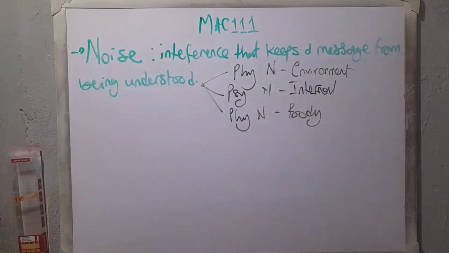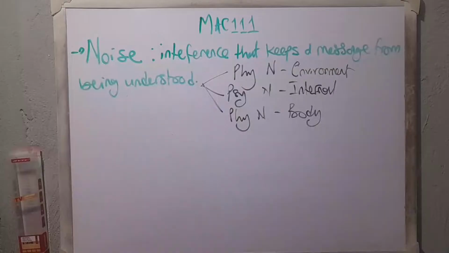And the linguistic noise comes from the inability to use the language. In communication, you need to use the appropriate symbol, the appropriate mode of communication. We are simply saying that everything you are using, from spoken words to symbols, must not be above the level of the receiver.